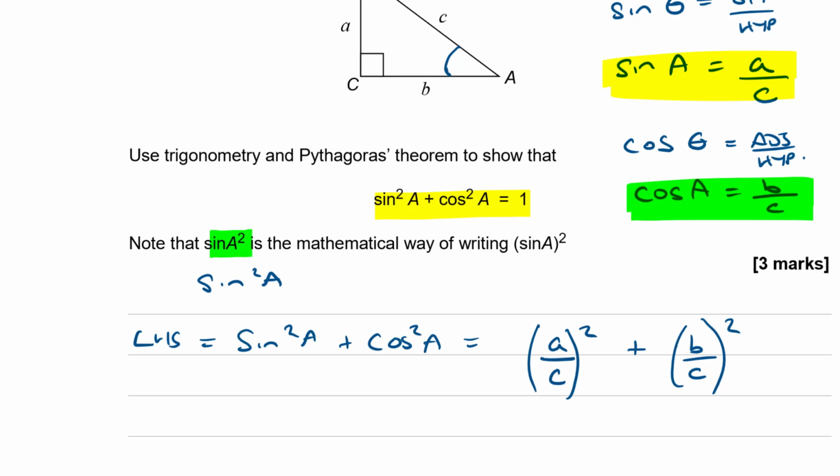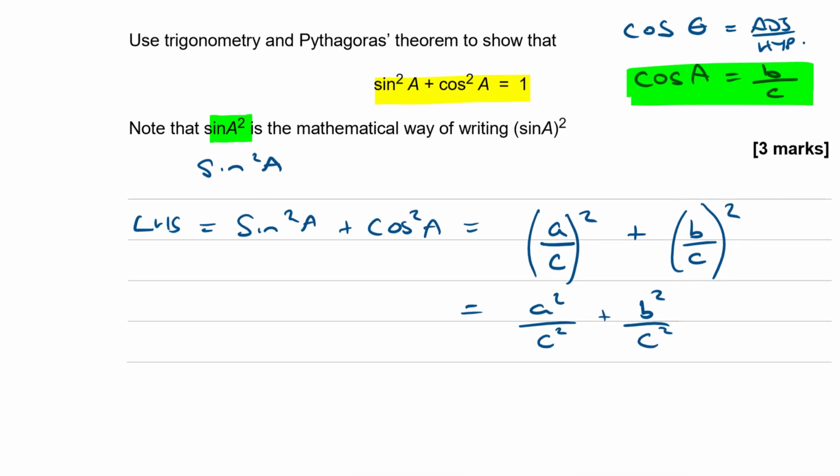Now, what does that make? So that is equal to A squared over C squared plus B squared over C squared. So I've got two fractions with the same denominator, so I can put them all over one fraction. So that's A squared plus B squared over C squared.